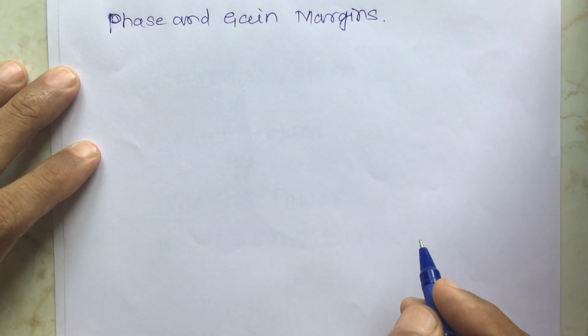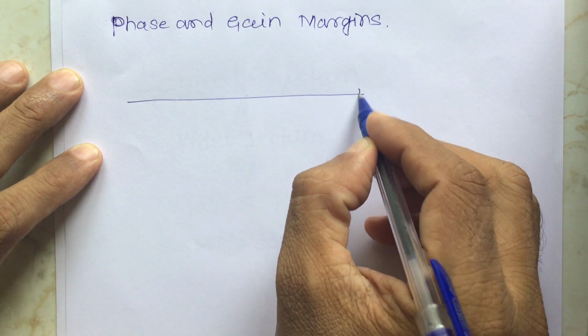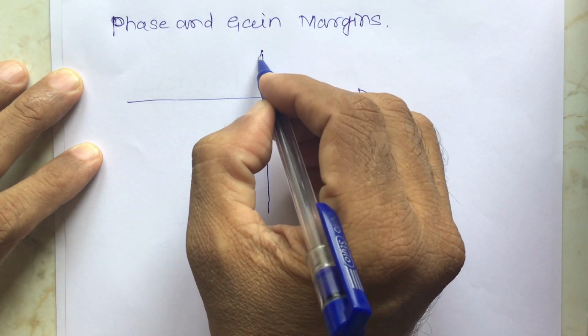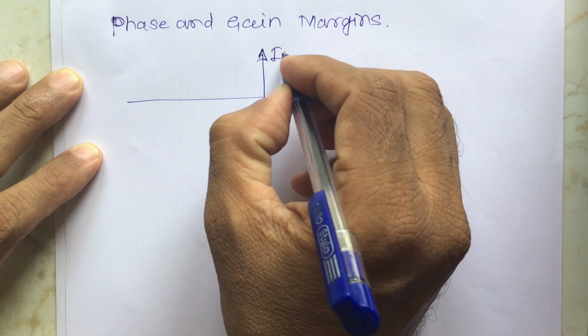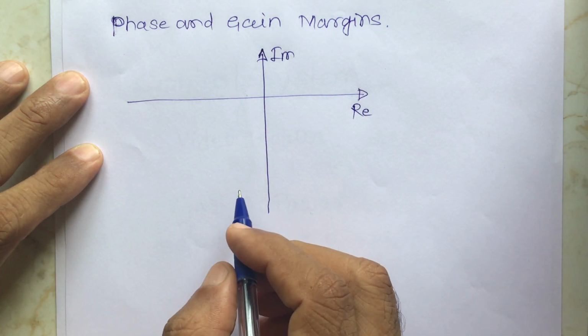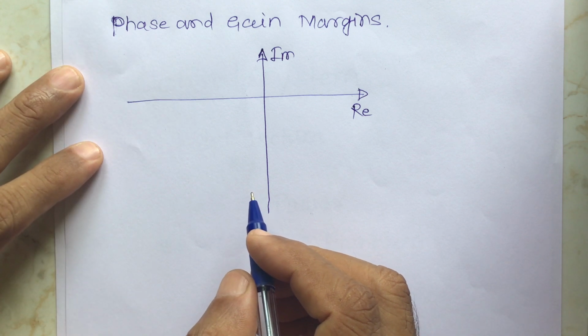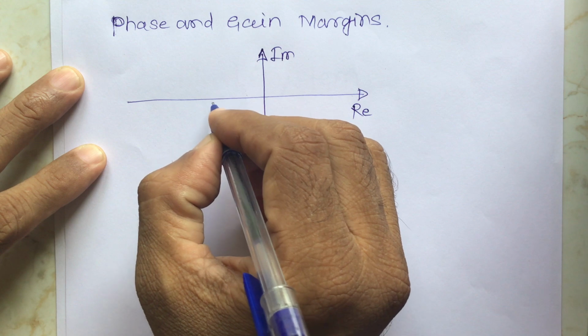So let us consider one plot. We already seen the polar plot, and this is the polar plot of open loop transfer function for three different values.